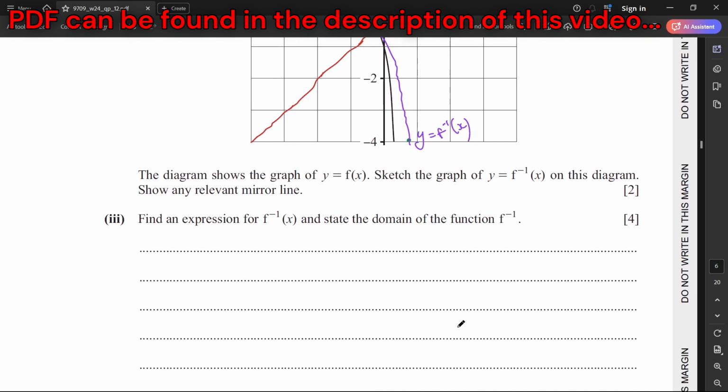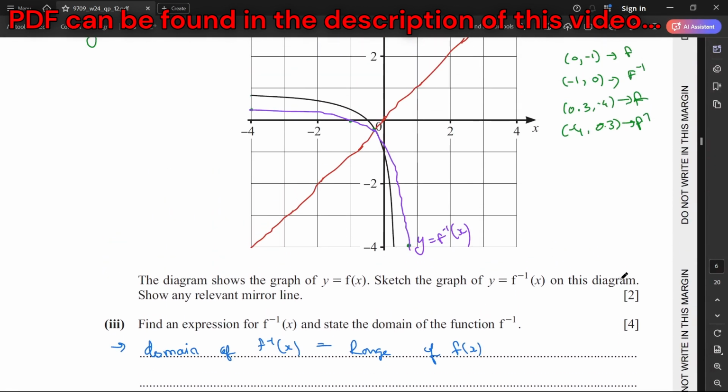Now for the third part, find the expression of the inverse and state the domain of f inverse. So I know that the domain of f inverse is simply the range of f of x.